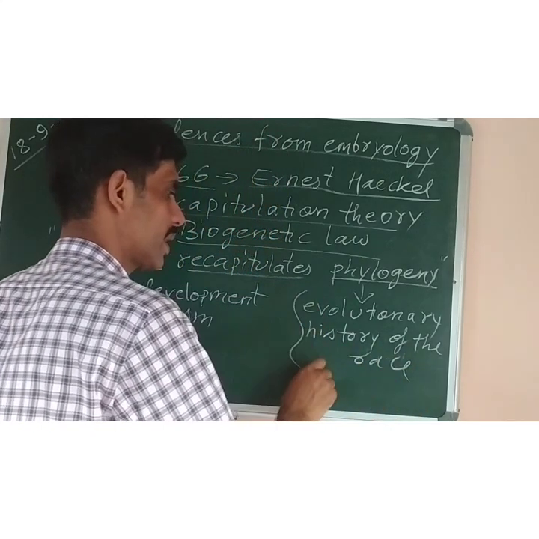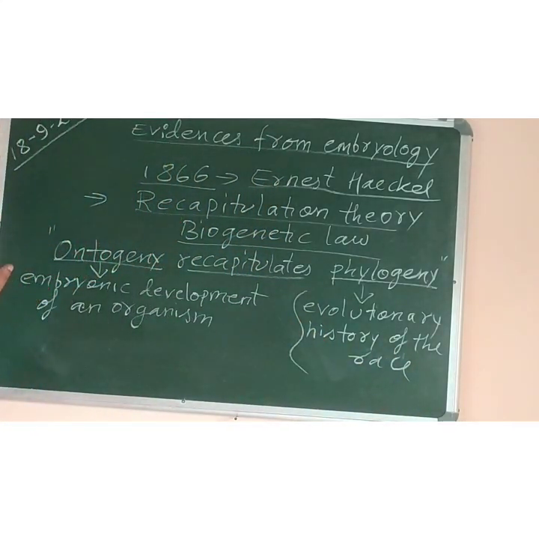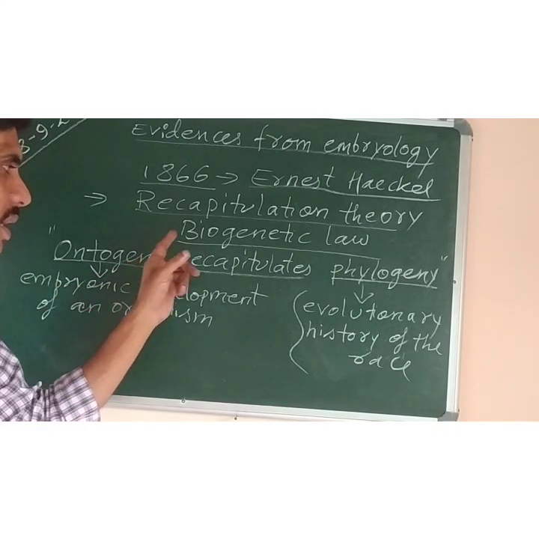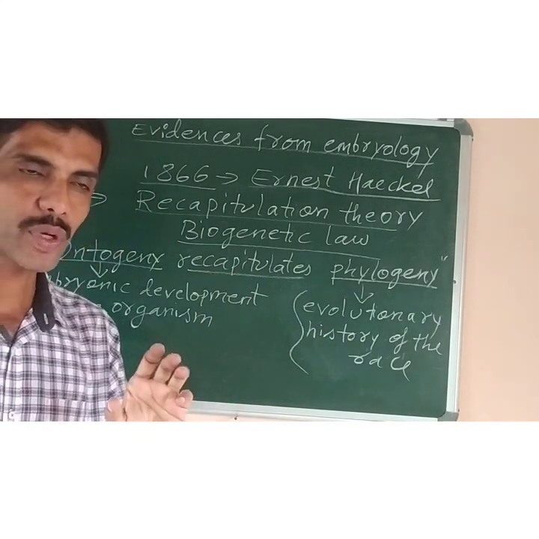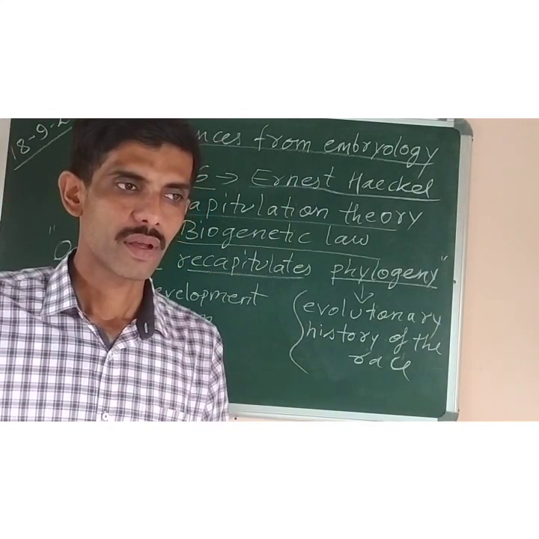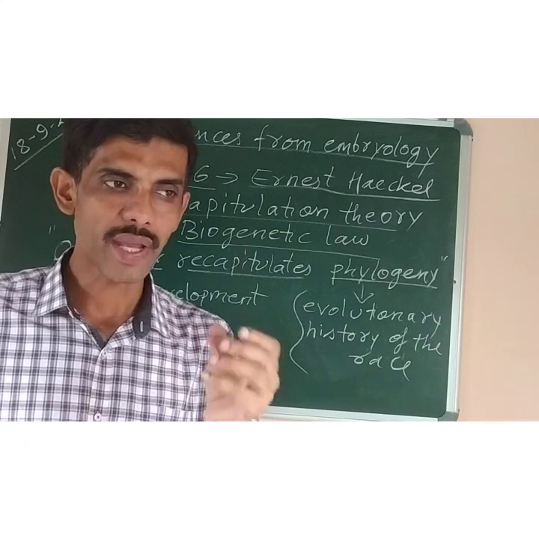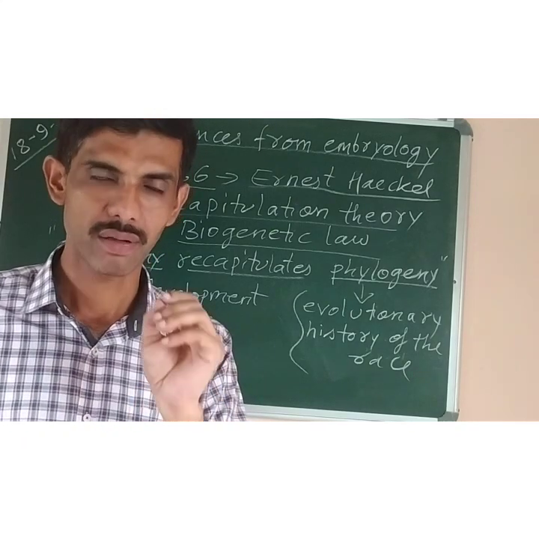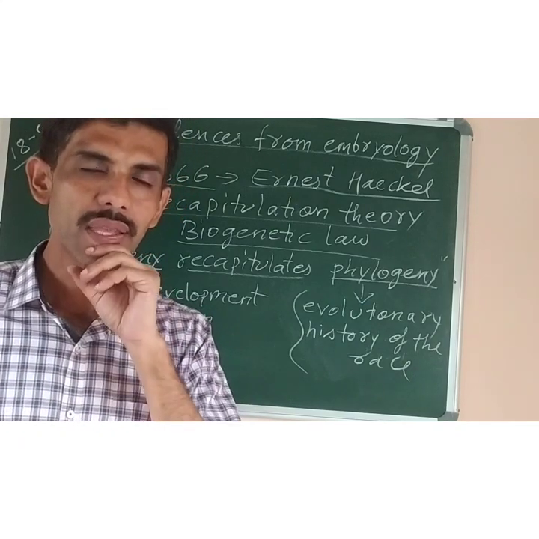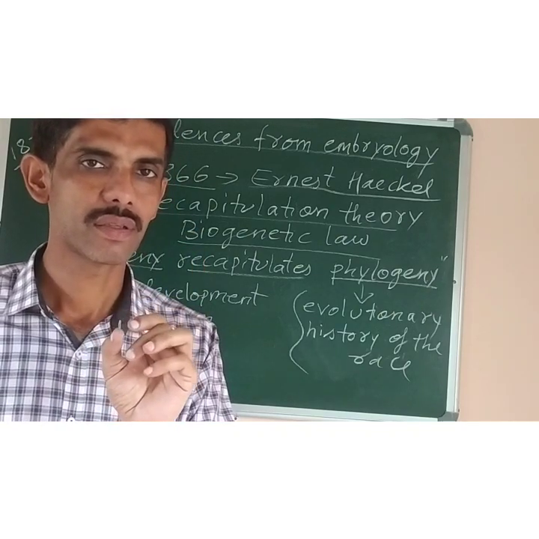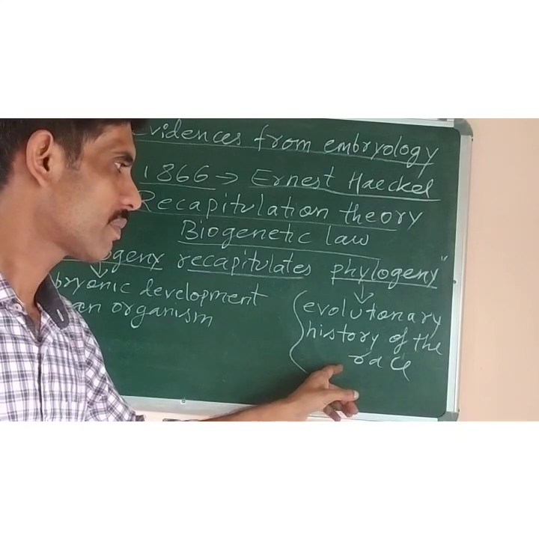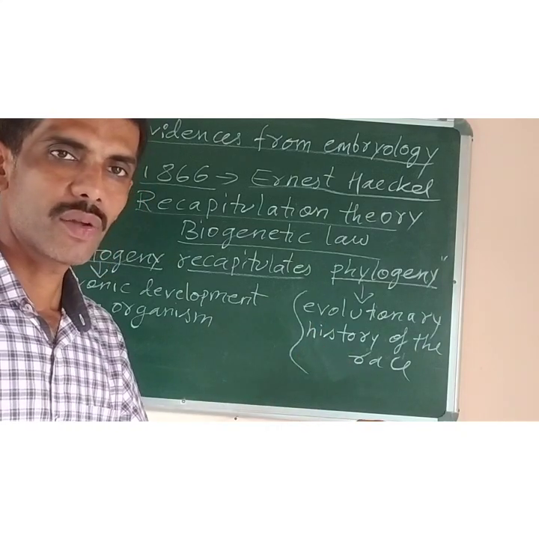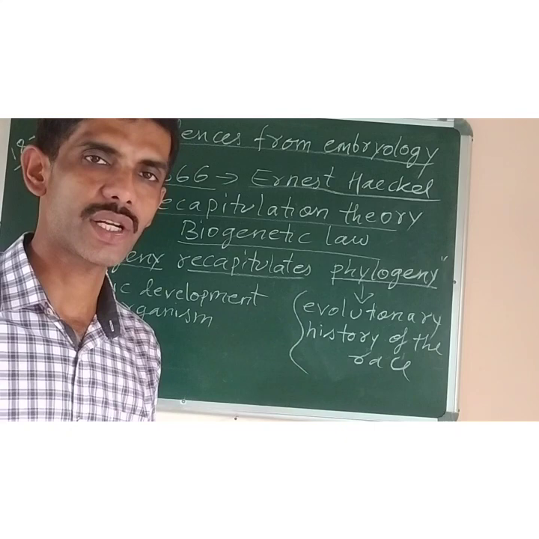Try to understand the meaning of this. Ontogeny means embryonic development, which repeats the evolutionary history of the race. Suppose we are there now. When we are married, the child born to that organism, in the embryonic stage, will repeat all those conditions of that history, of that race, which were present in their ancestors also.